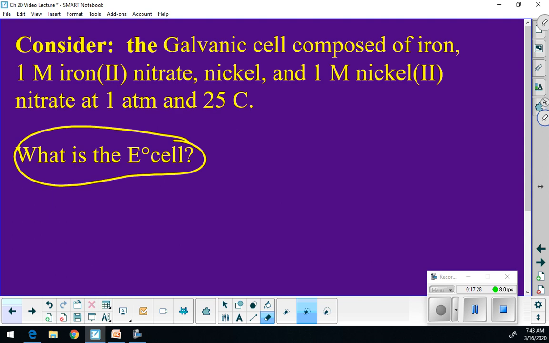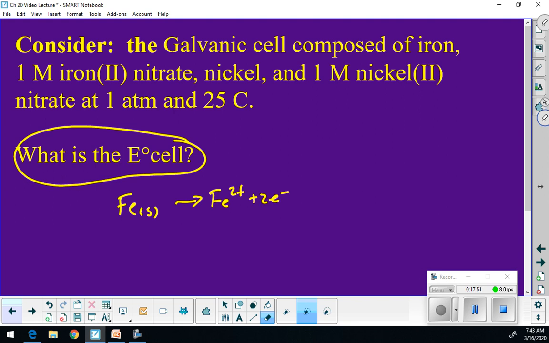All right, so I have this galvanic cell, and it's composed of iron and nickel. And what is the cell potential? So I have iron solid, right? And iron solid is going to go to my iron 2 plus and 2 electrons.